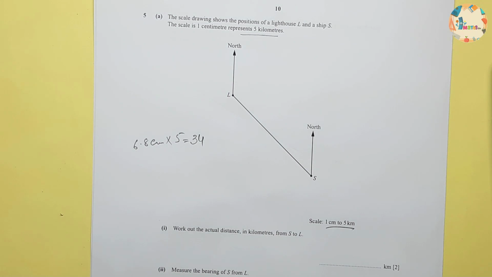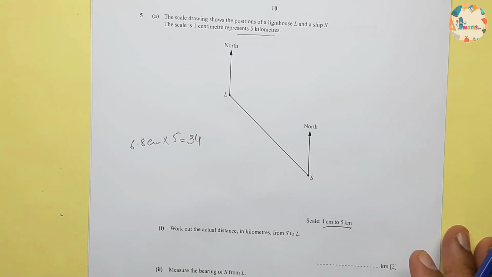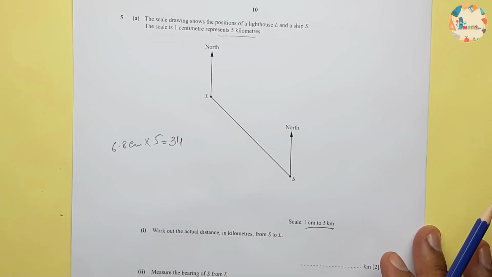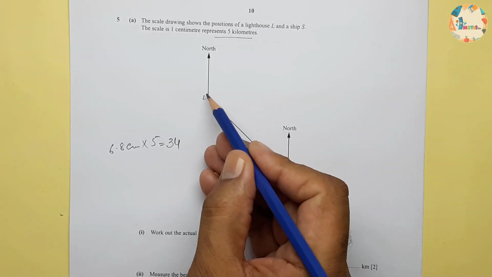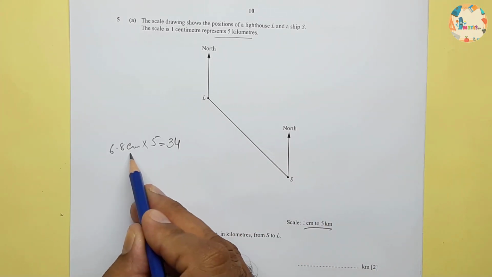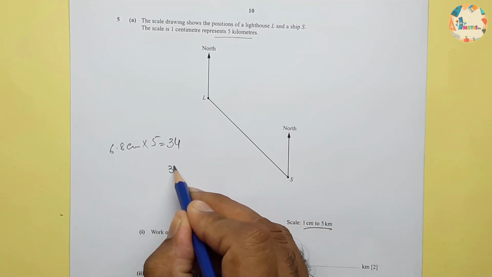For this type of question, you should keep in mind that these drawings which are provided in published paper are not matching with the exact drawing which are provided to the students in examination hall, because this is a little reduced size, reduced paper. So in this drawing, distance from L to S is 6.8, but according to the marking scheme, answer is 37.